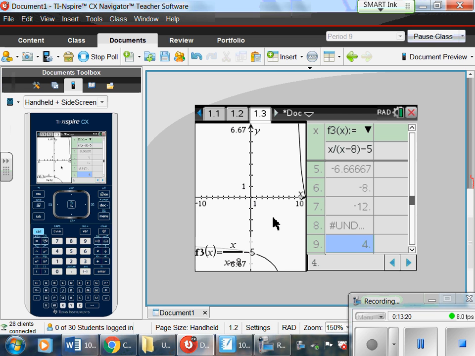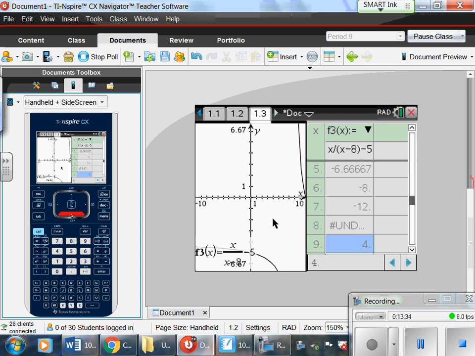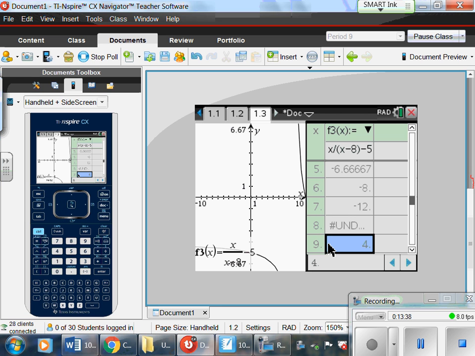We said that's undefined. And once again, I'm going to remind you, we're looking for where this is less than or equal to 0. So where it's negative. So as you can see, it's negative below 8, but then it becomes positive for 9. Come on, keep working. Why isn't this working? Here we go.